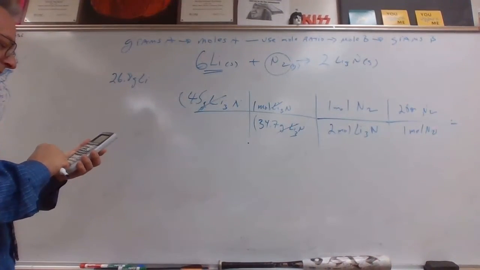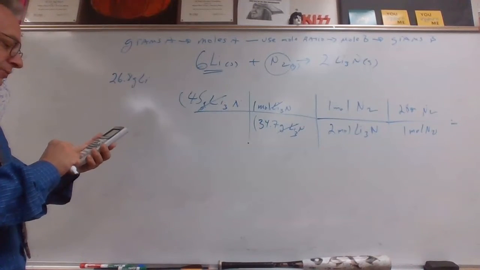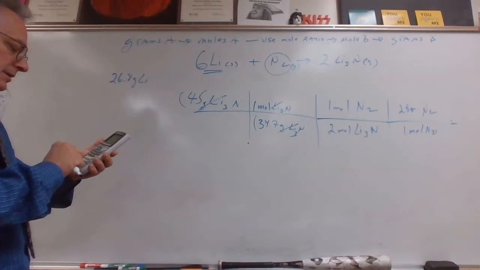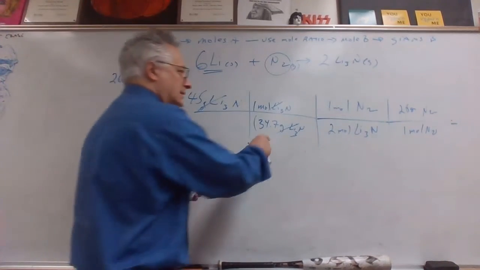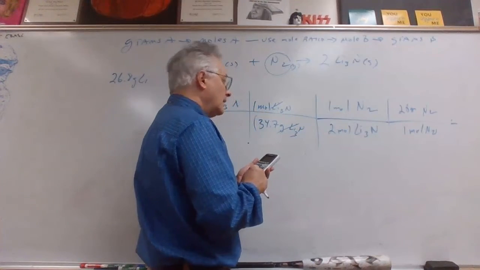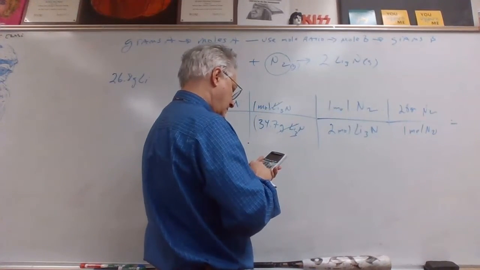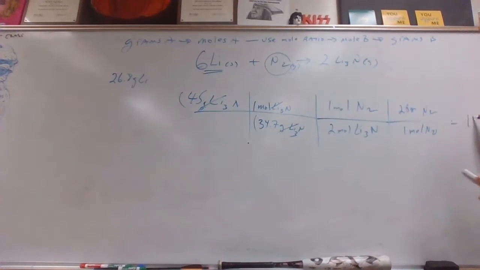We've got 45 divided by 34.7. That'll give me my moles once again. And times 1 divided by 2 and times 28. And I need 18.2 grams, I'll call it, of nitrogen.